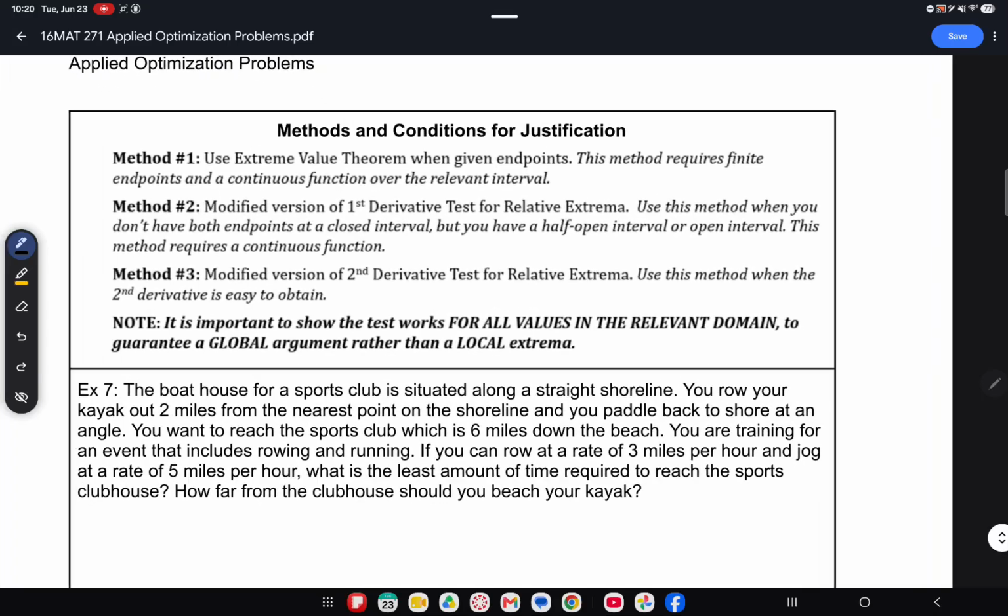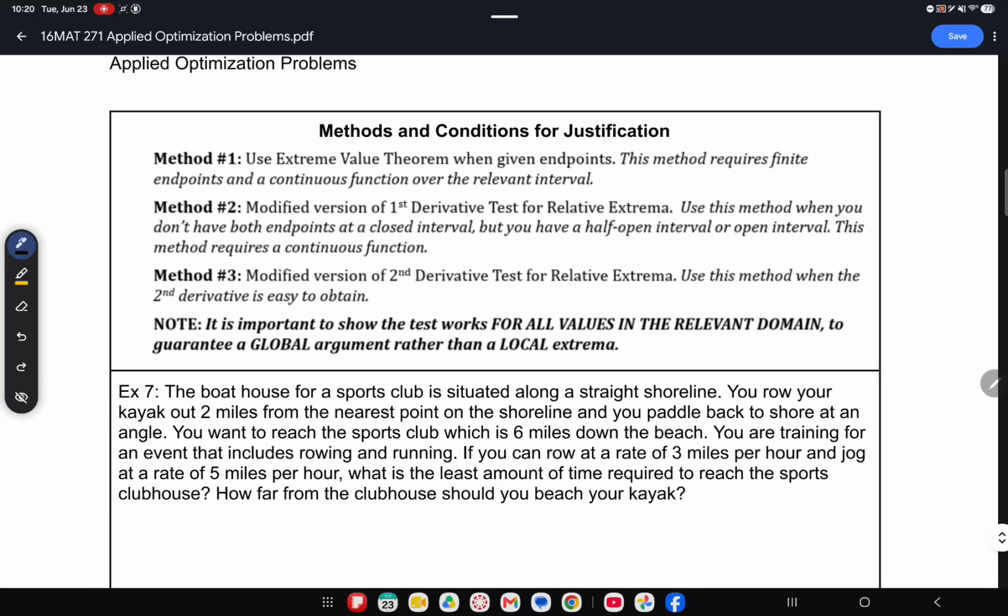All right, so I have been doing the first derivative test and looking at, all right, does it make a maximum or a minimum? There's some other methods for justifying the way that things are. We can use the extreme value theorem if we're given endpoints. We need to have endpoints and we need to know that the function's continuous.